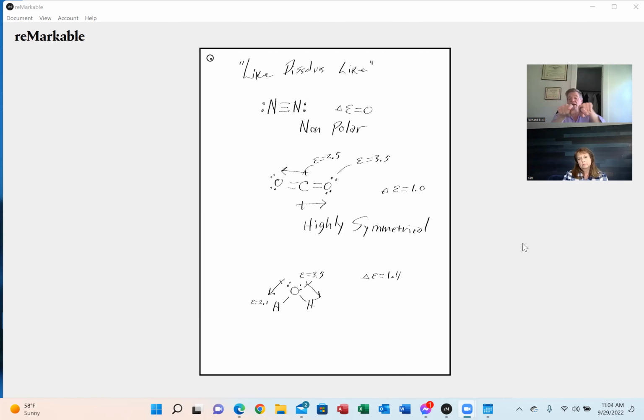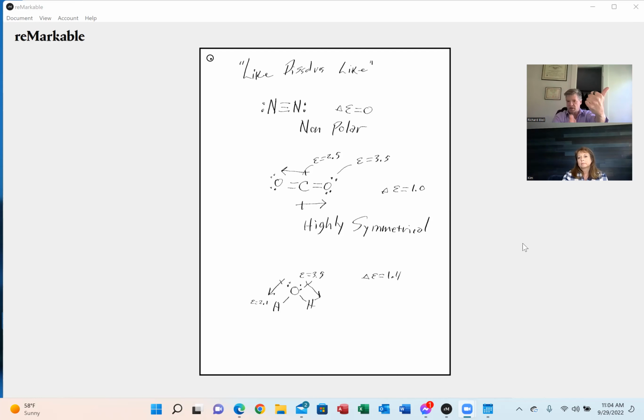But notice that, instead of the two kids pulling this way, now they're pulling this way. Where's that little red wagon going to go? It's going to go that way, isn't it? They may not be pulling in exactly the same direction, but they're not pulling in opposite directions.